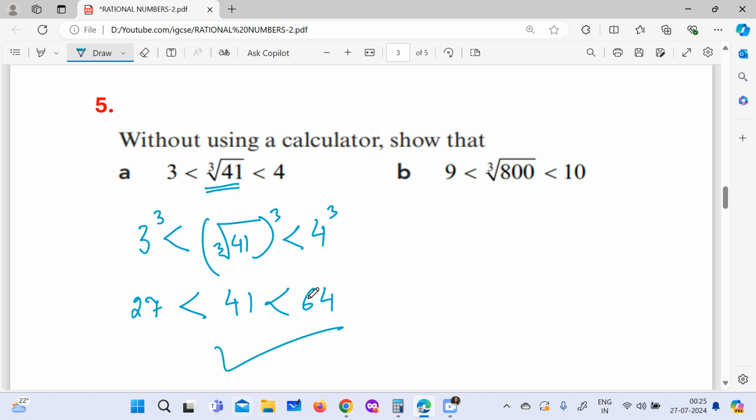See, we can show easily that cube root of 41 is greater than 3 and cube root of 41 is less than 4. So this is proved here because 41 lies between 27 and 64. Hence proved. Now we will do this one. Again we do the same thing, since this is about cube root of 800. So we will cube all the numbers here.